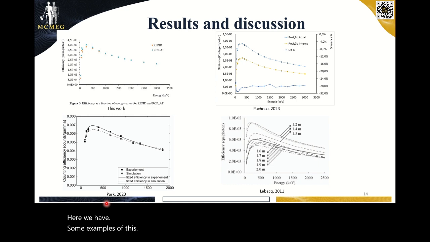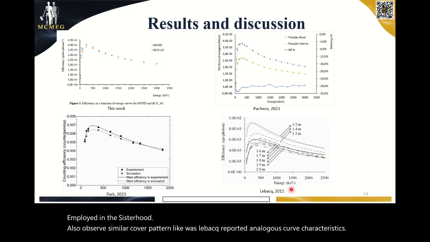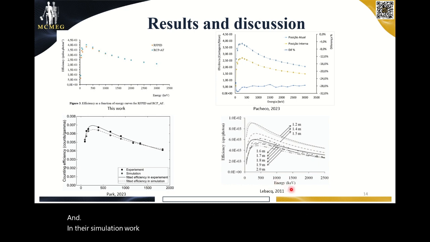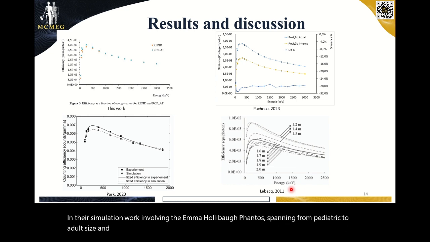For example, Pacheco, in his simulation regarding the counting efficiency of the scintillator detector employed in this study, also observed a similar curve pattern. Likewise, Lebacq reported analogous curve characteristics in their simulation work involving the Whole Body phantoms, spanning from pediatric to adult size, and this consistent pattern persisted across all these phantom sizes.